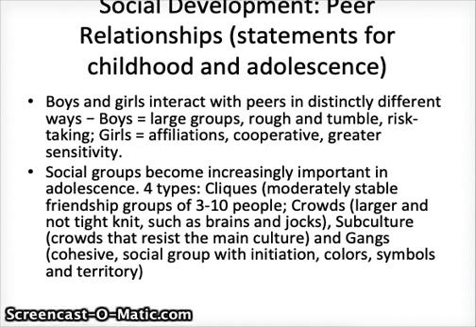Another piece to remember for social development has to do with the interactions between boys and girls and each other. And there are distinct differences between these interactions. For example, boys are often thought to interact in larger groups and have more risk-taking and rough and tumble kinds of behaviors.